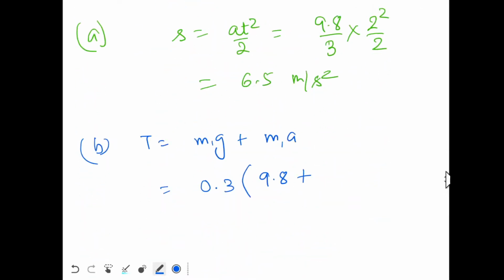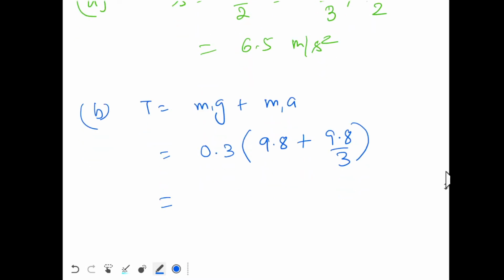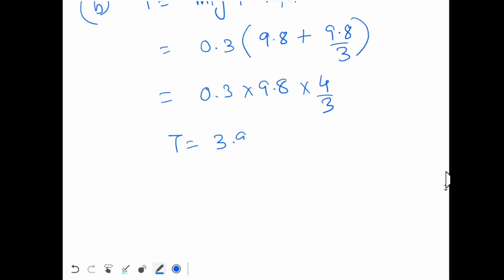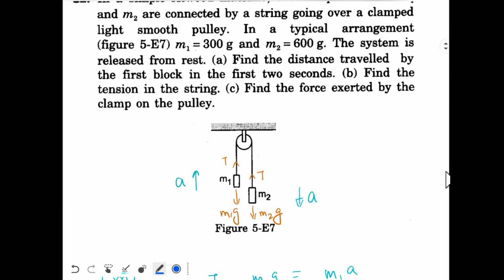A is how much? 9.8 by 3. Okay. So you'll get this to be equal to 0.3 into 9.8 into 4 by 3. So the tension will come out to be equal to 3.92 Newton.